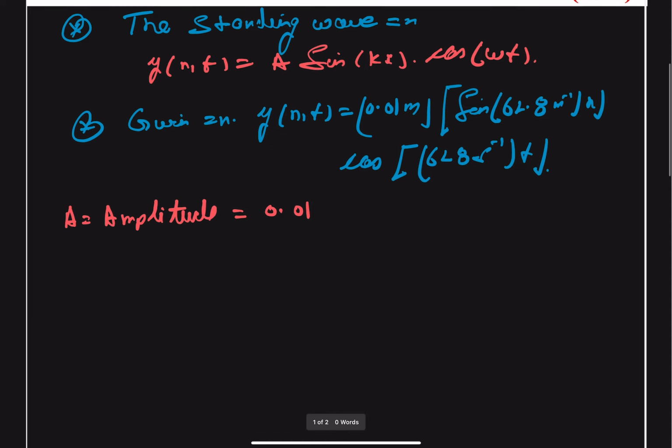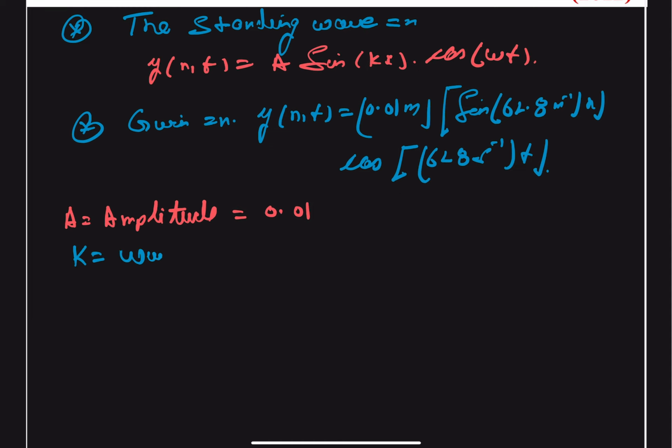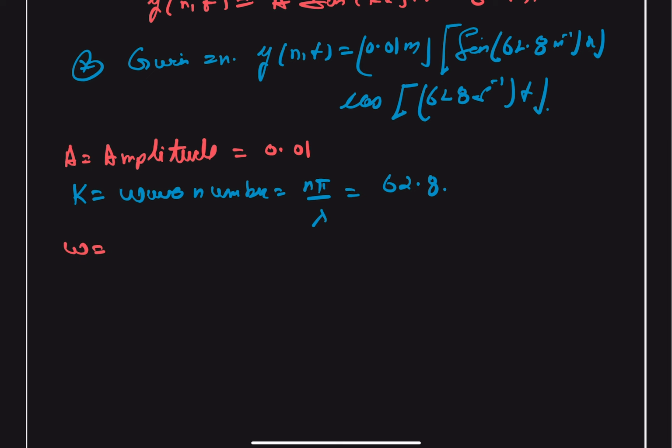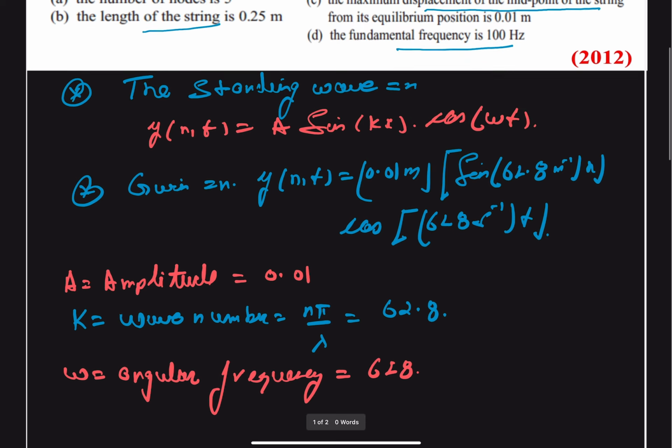K is our wave number, which is also given as n pi upon lambda, and in the given equation we can say that the value of the wave number will be 62.8, and omega is our angular frequency, and we can say that this will be equal to 628.